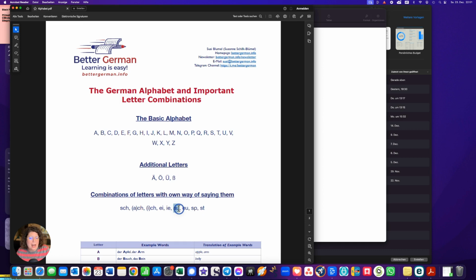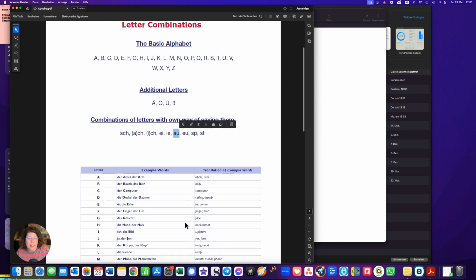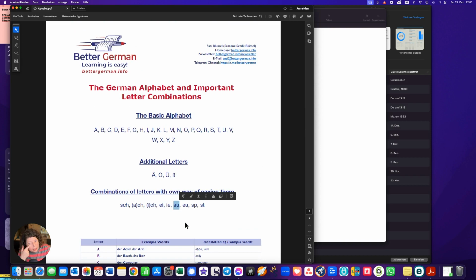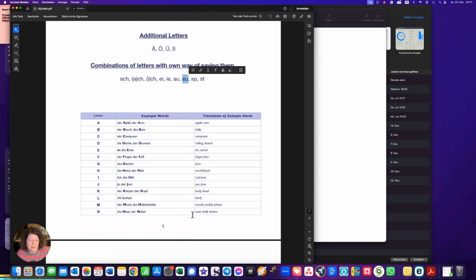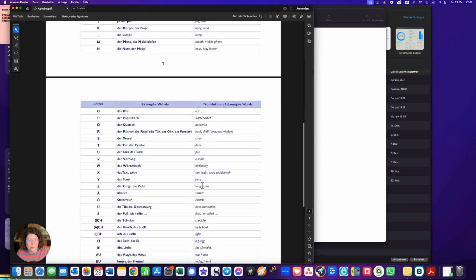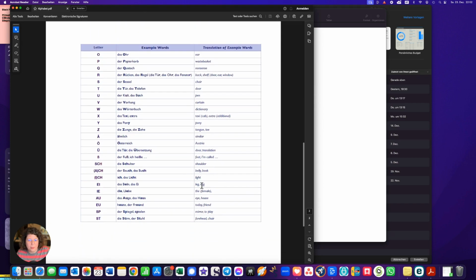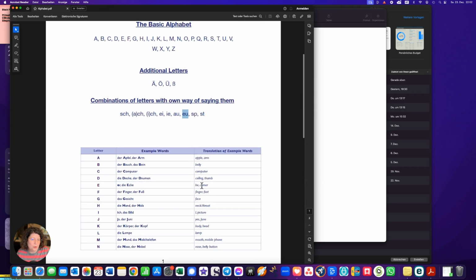Then A and U, or in German au, is pronounced au, like das Auge, the eye. Then E and U is pronounced oi, like Heute, today.